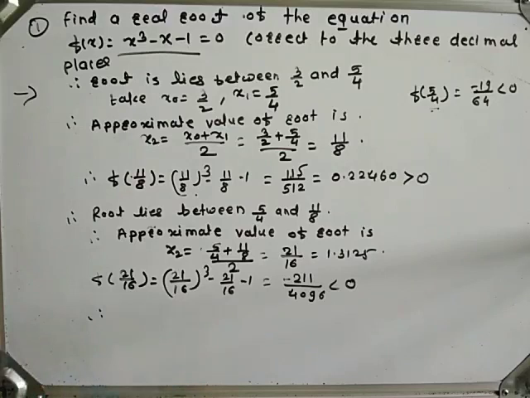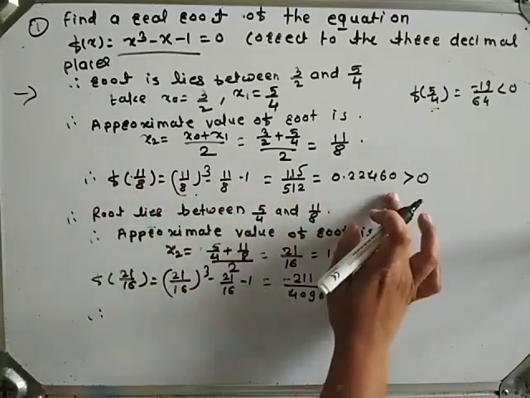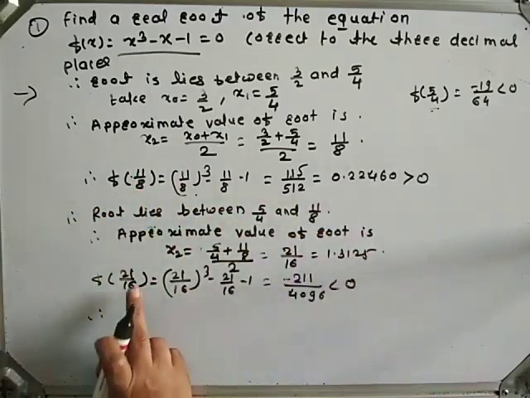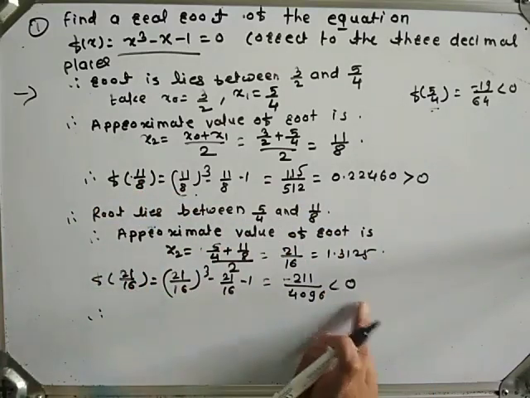See here, f of 11/8 is positive and f of 21/16 is negative.